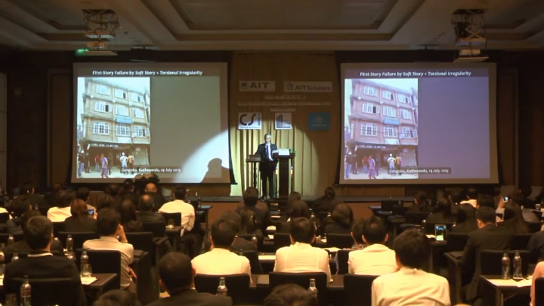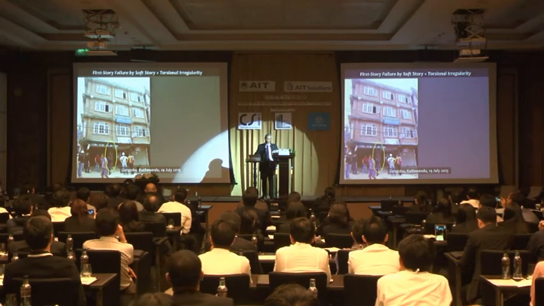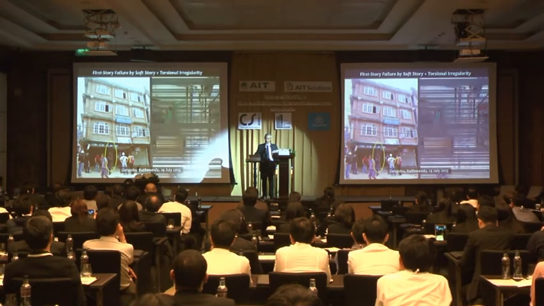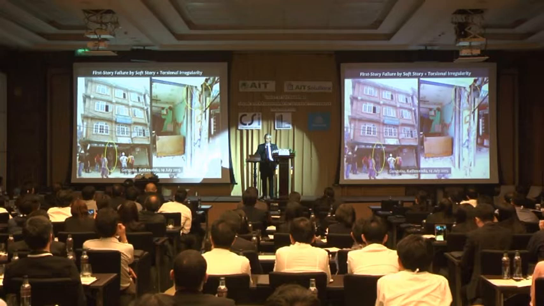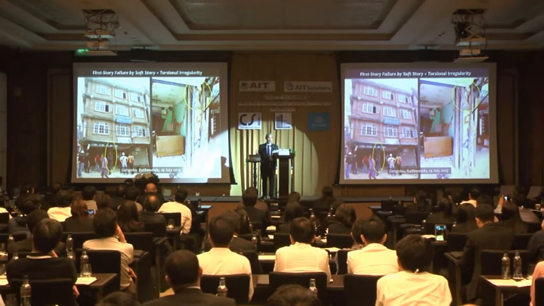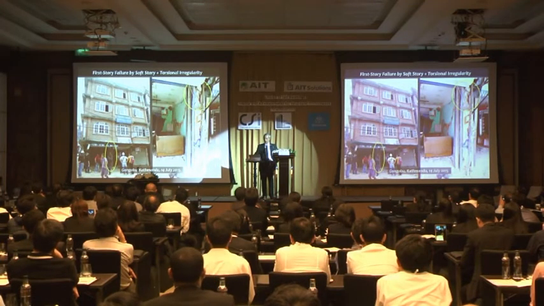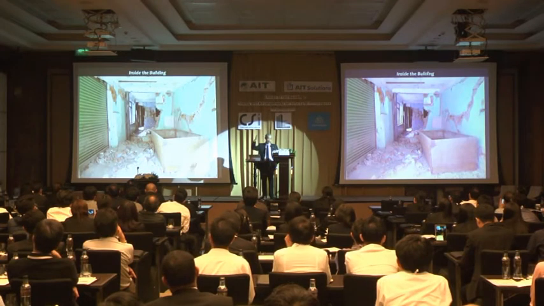This is another one in Kathmandu city. Okay, you cannot see well, but upper story looks fine, but when you take a close look, that's how the column looks like. Almost doesn't look like a column anymore. Okay, columns damaged significantly. Cannot carry the vertical load, but it's still standing.